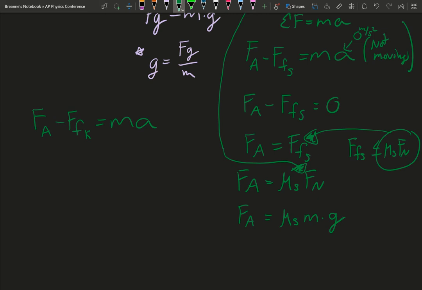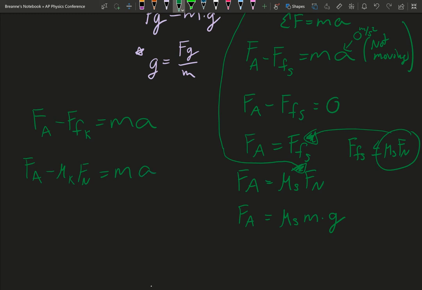Now, for our kinetic, it takes a little bit more manipulating. So again, our force of friction is our mu, in this case our kinetic mu, times normal force equals mass times acceleration.